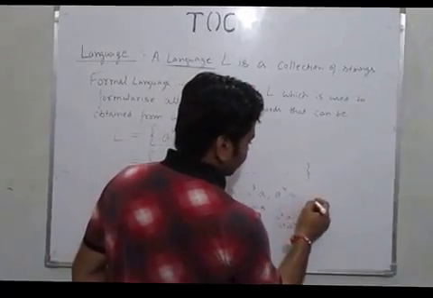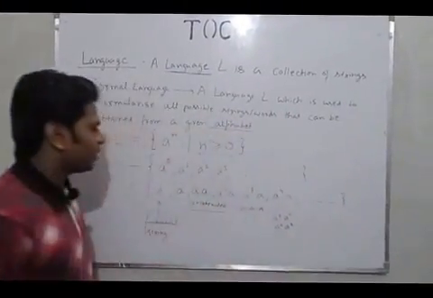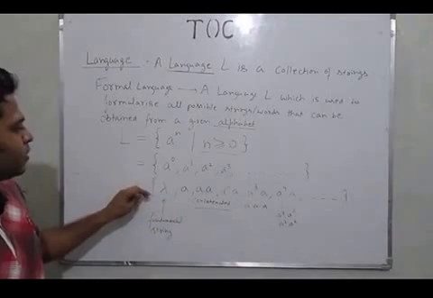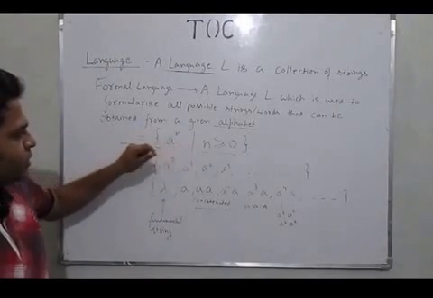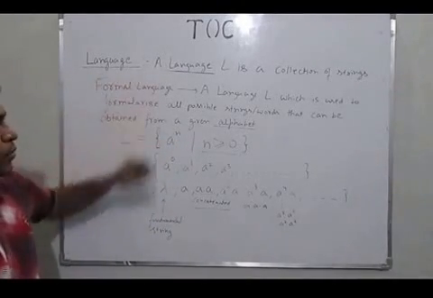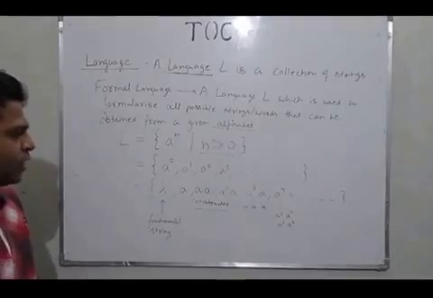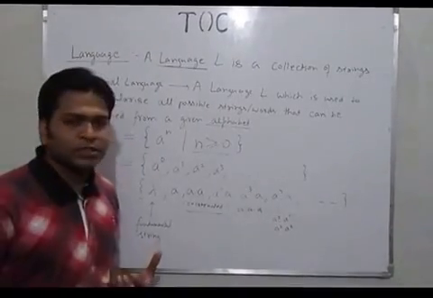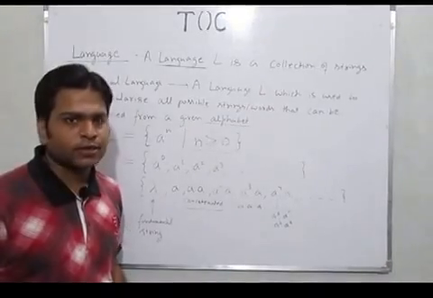Fine. So this is how we can generate various kinds of strings from a given formalization. So this is what is called the formal language. Fine. And this is how we have to generate the language in TOC.